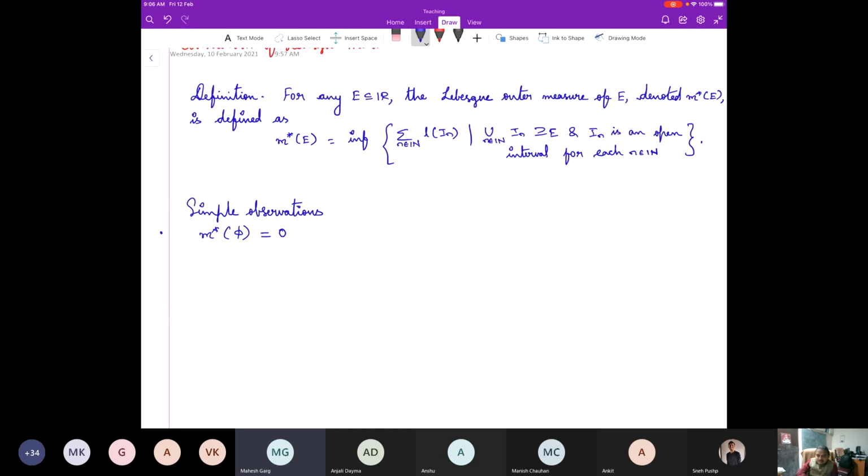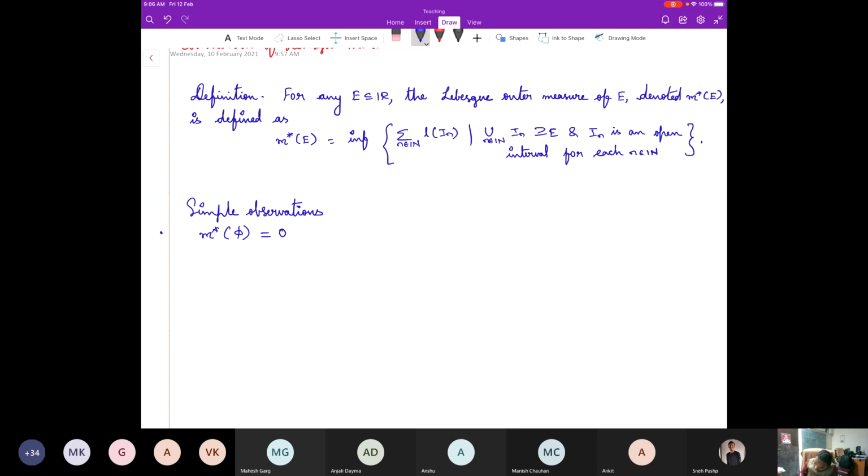Because the empty set is contained in (0, epsilon), and we can decrease the epsilon as much as we want. So you choose I_1 as the open interval (0, epsilon), and then choose the remaining to be empty. That's it.